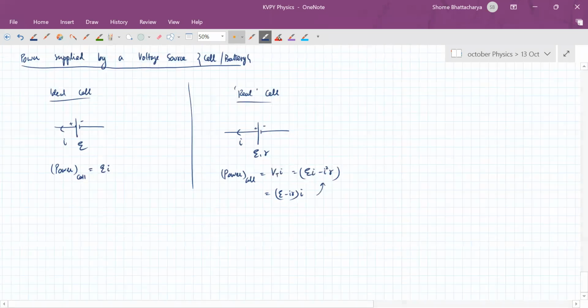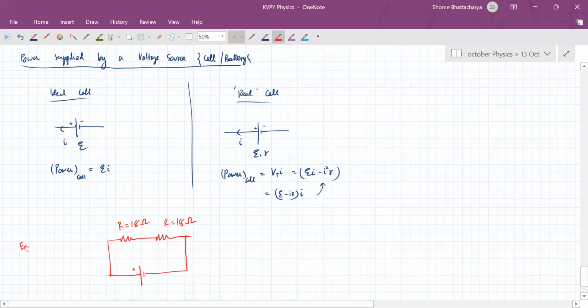So now, for example, if we have a situation like this, we have two resistors of 18 ohms each, and that is connected to a cell which is having an EMF of 10 volts and an internal resistance of 4 ohms.